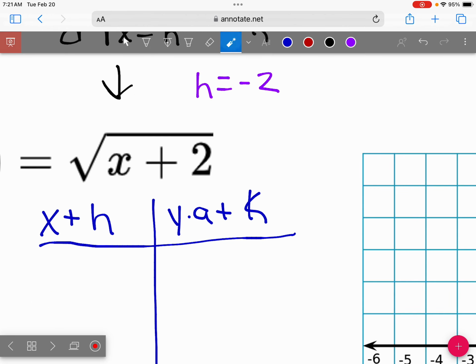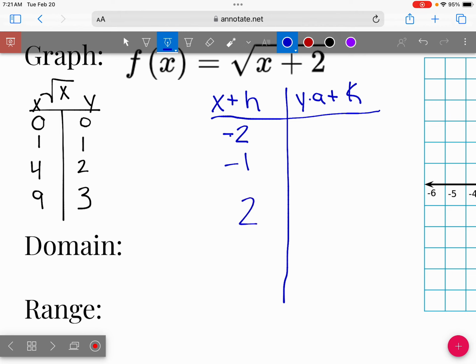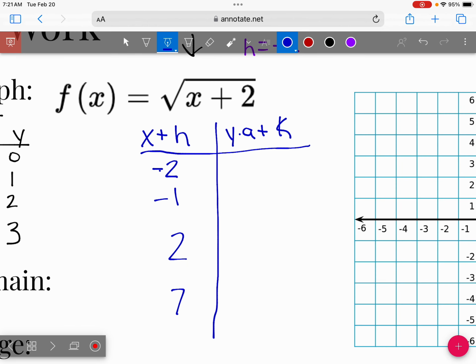So the only thing we're going to do is change our x column. We're going to take all of our x's and subtract 2. So we're going to have -2, -1, 2, and 7. Good at thinking in my head. And since we don't have any a transformation and we don't have any k transformation, the y values are just going to come on over.